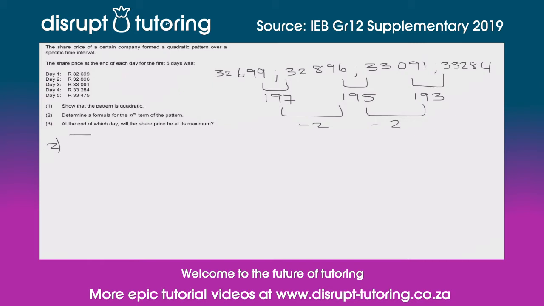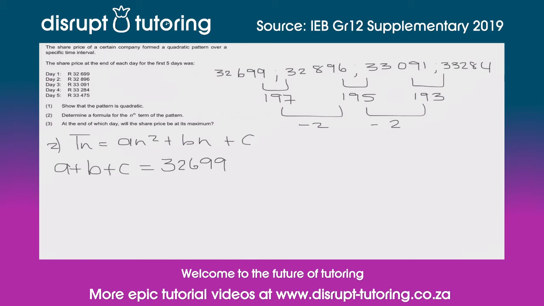So essentially, we need to find Tn in the form of an squared plus bn plus c. So we've got some nifty formula that we can use to get to this answer. The first one is a plus b plus c is equal to the first term, so that is equal to 32,699.